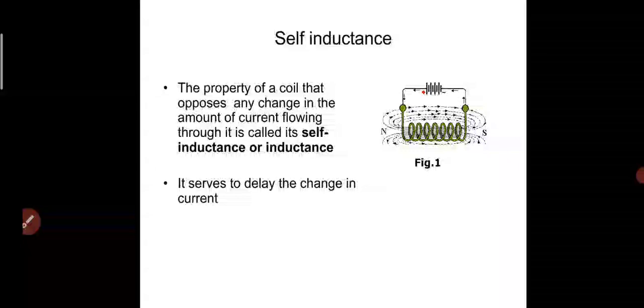Thus a coil is capable of inducing an EMF in itself by changing the current flowing through it.